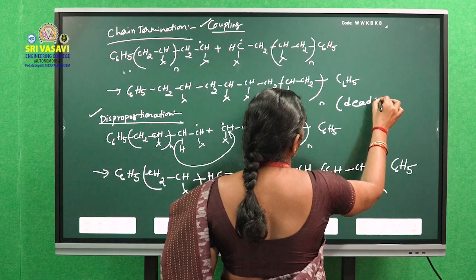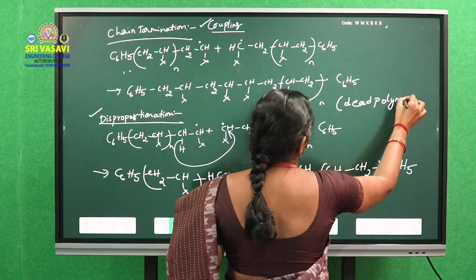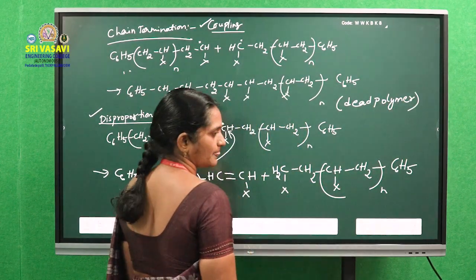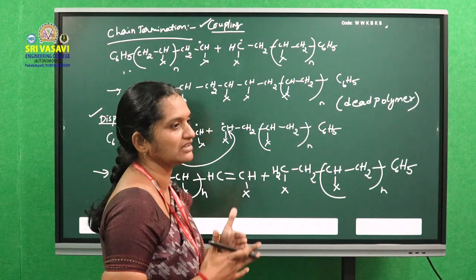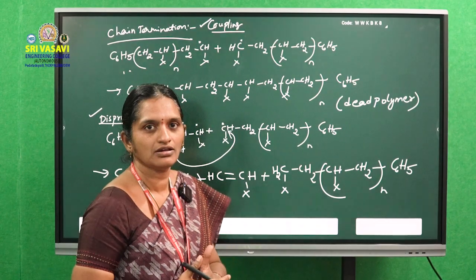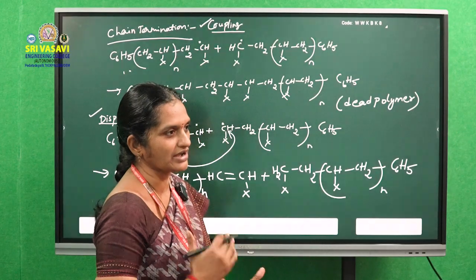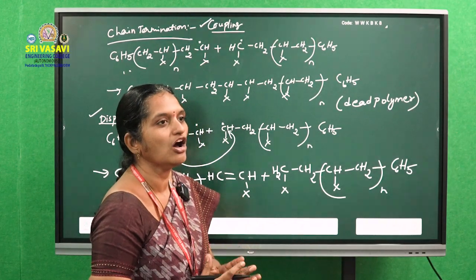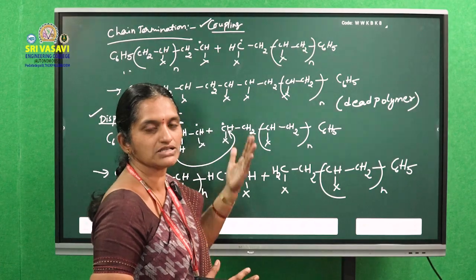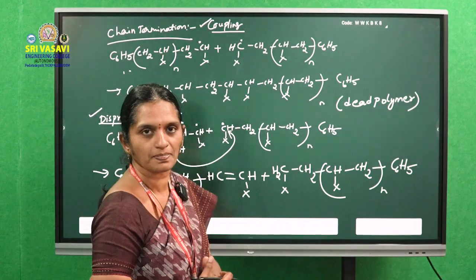So this is the first mode, the coupling termination. Just coupling, adding or joining the free radical ends, making a bond and removing that free radical on the carbon chain, is called the coupling reaction.